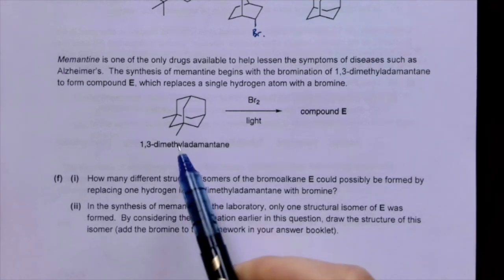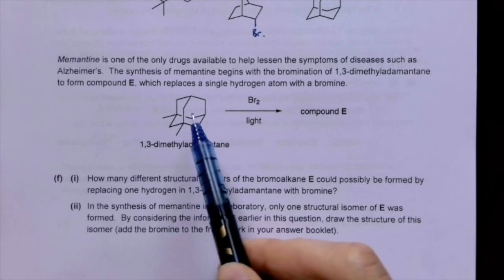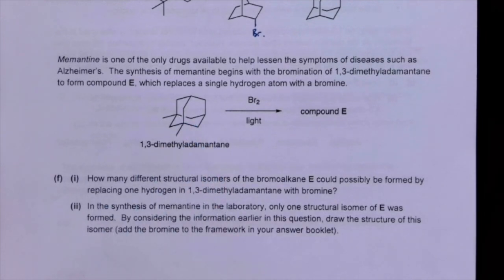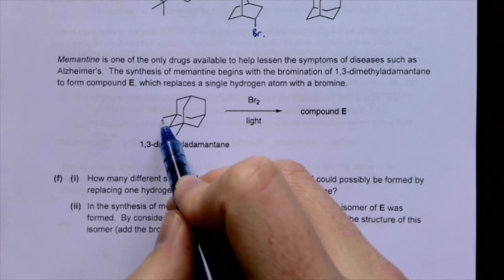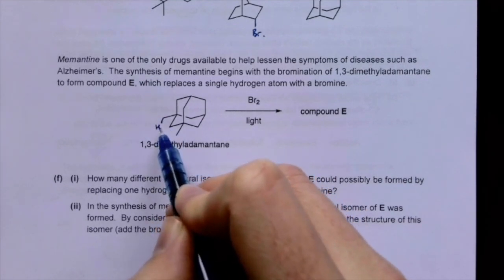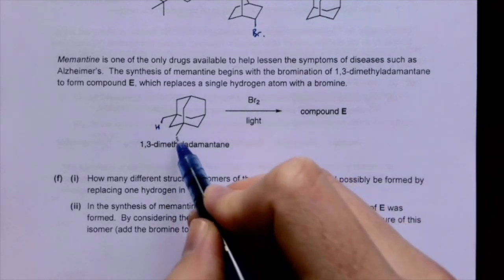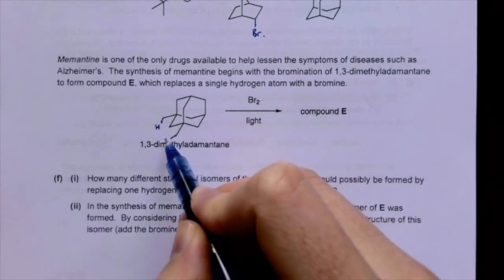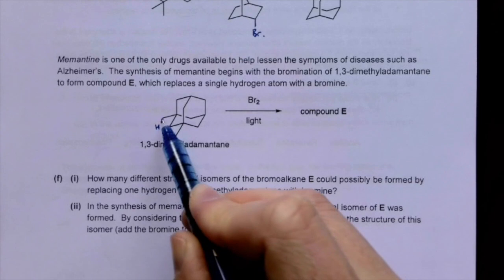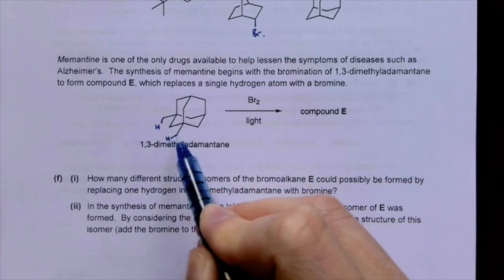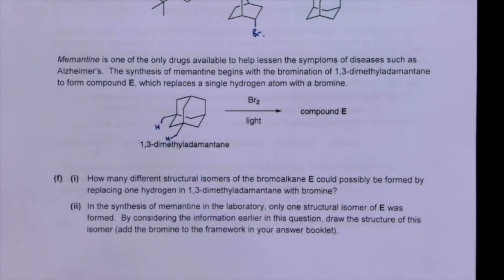So you need to decide in here how many different types of hydrogen atom there are. Obviously the hydrogen atoms bonded to this carbon are going to be the same as the hydrogen atoms bonded to this carbon. All right, so that's one possible type of hydrogen atom.